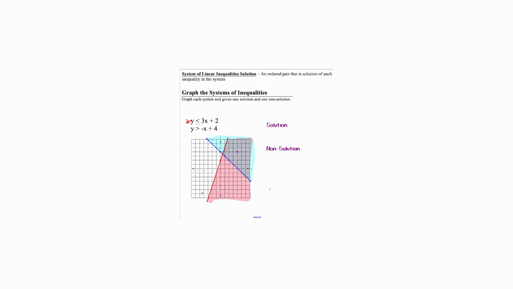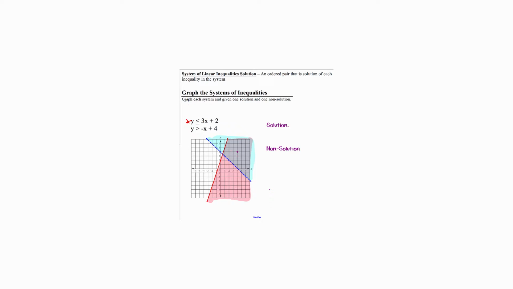So when I get out my line tool, I have to make sure it's blue and dashed. Then I'm going to draw my line right through those points and extend it all the way through the graph. And then I'm going to shade above the line this time because it's greater than. And again, I have the shaded region here.